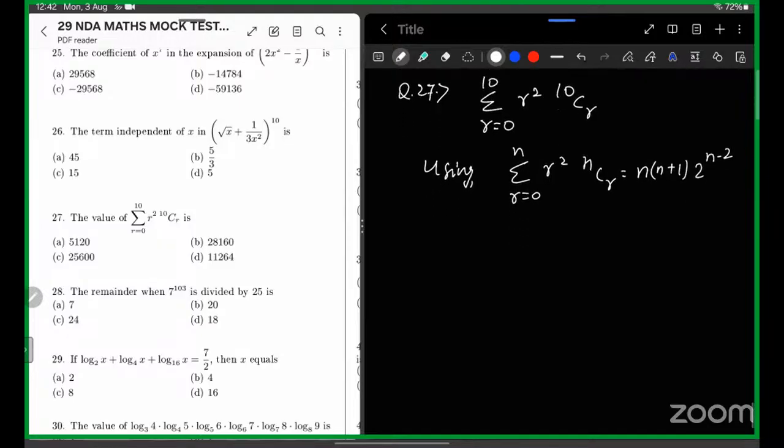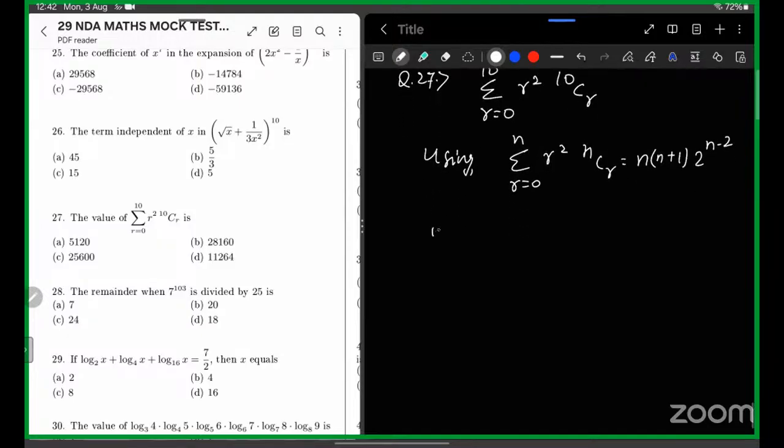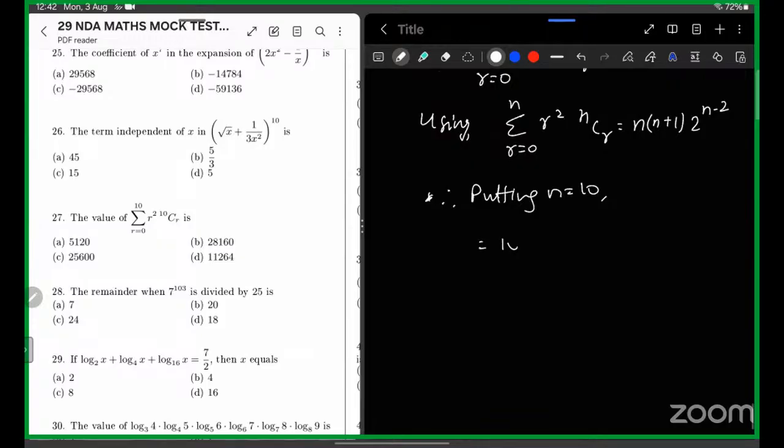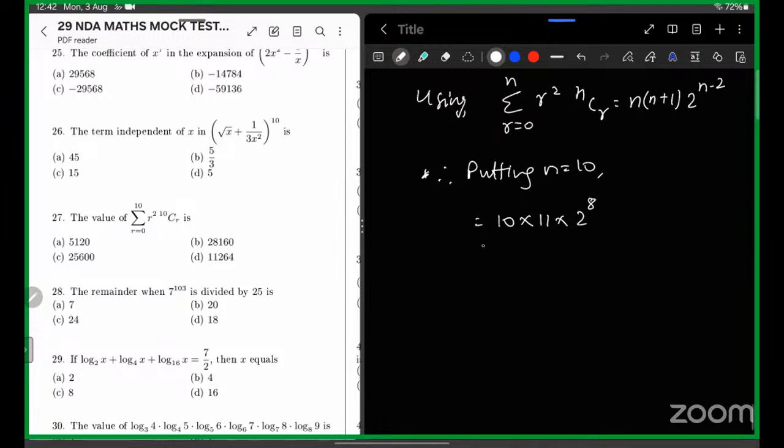Just put the value of n here. For n equal to 10, we get 10 into 11 into 2 raised to power 10 minus 2, that is 8. So 110 into 2 raised to power 8, which is 256, gives 28160 as the answer. Option B.